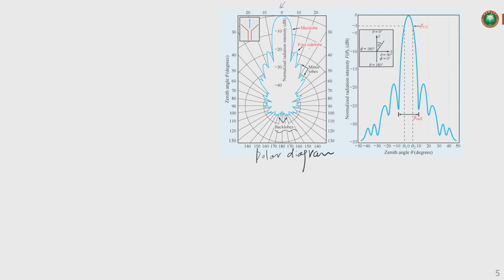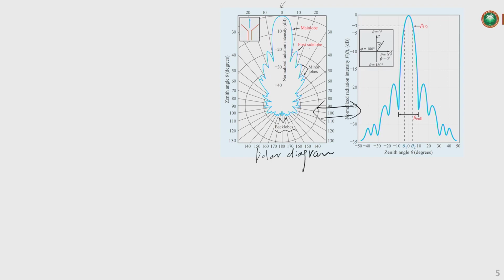Why do we want to set it like this one? Because it's more convenient for us to obtain other parameters, for example, the beam width and the null beam width. So it's more convenient for the analysis. But actually, both plots are equivalent, or reciprocal with each other.